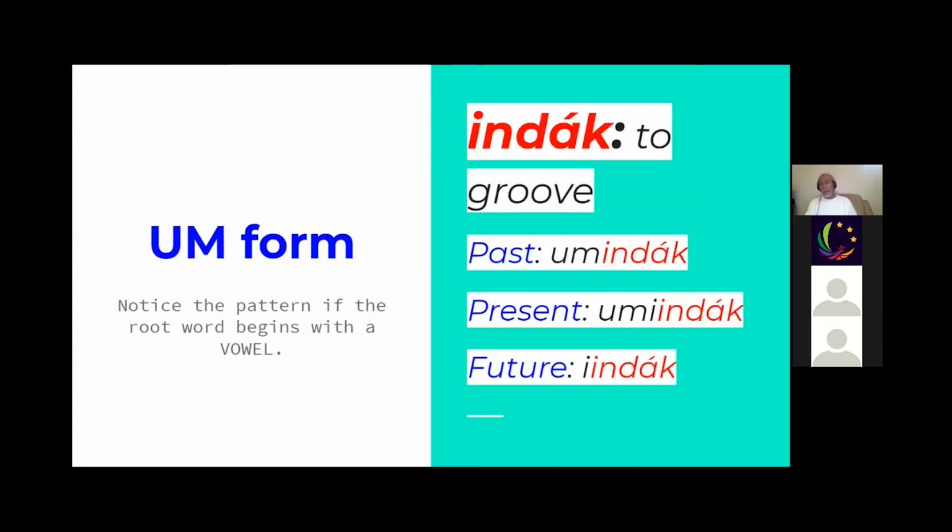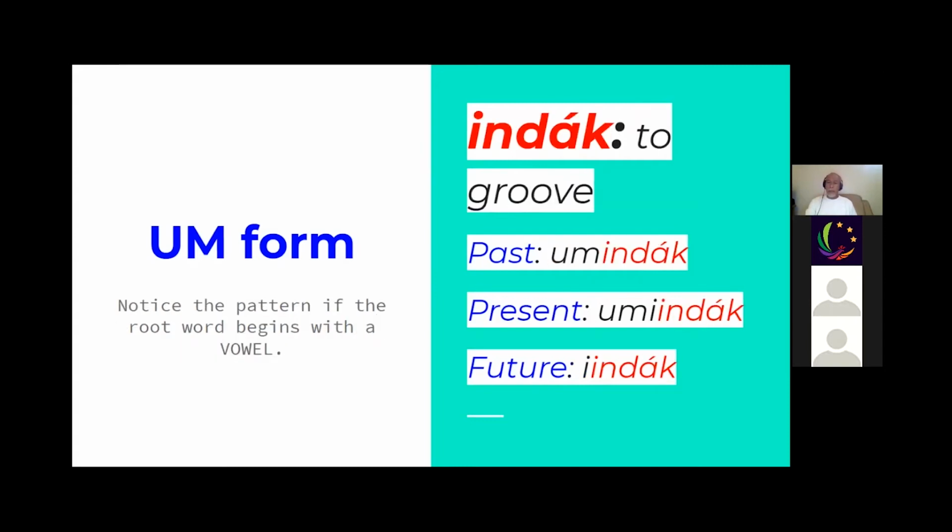Indak starts with a vowel. So if it starts with a vowel, what do you notice? You put the "um" at the front before the root. Very good. And then in the present, you are consistent with repeating the what?